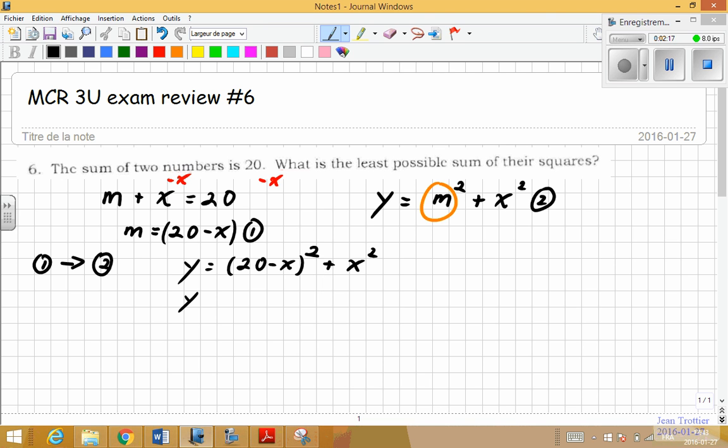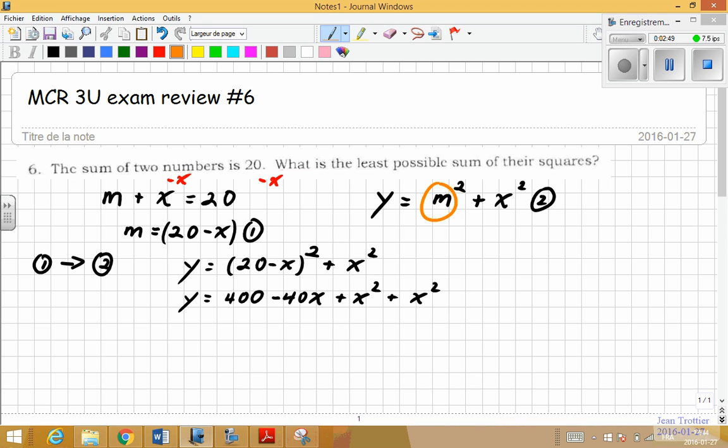So we will develop this, or expand it. So we have 20 minus x to the power of 2. So we'll use the binomial expansion, which means square of the first term, and then double the product, and then square the second one. And we can't forget the x squared that's already there.